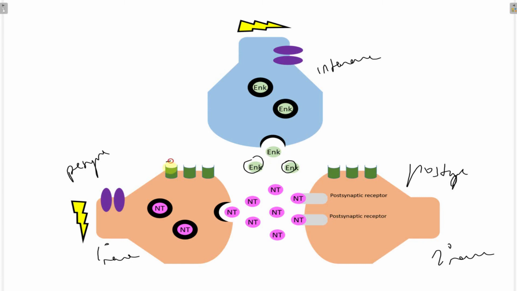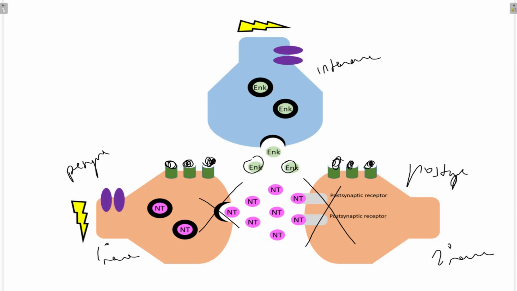actually bind to the presynapse of this first sensory neuron. That causes presynaptic inhibition, terminating that transmission, and also binds to opioid receptors found on the postsynapse, and that's going to terminate that postsynaptic neuronal transmission.